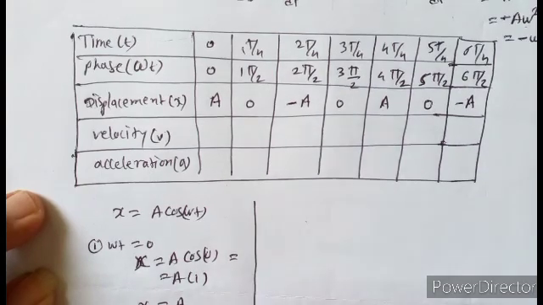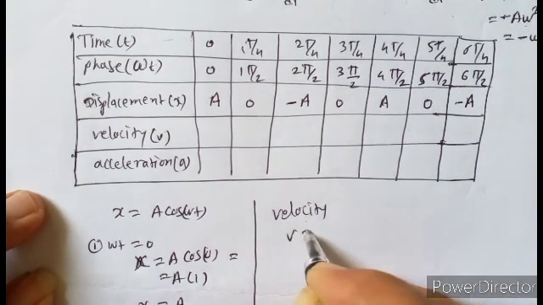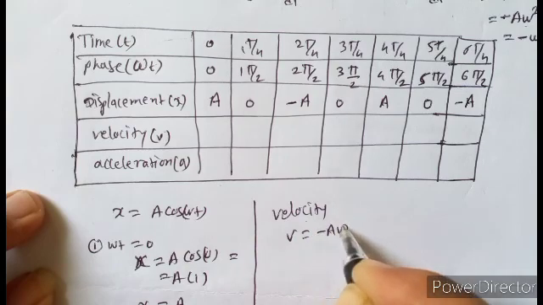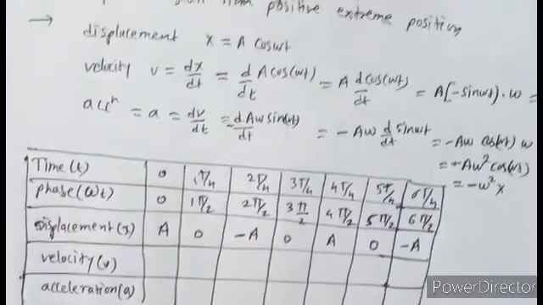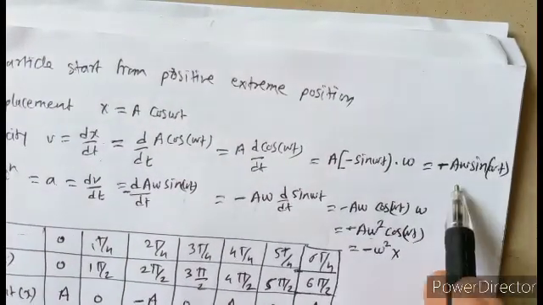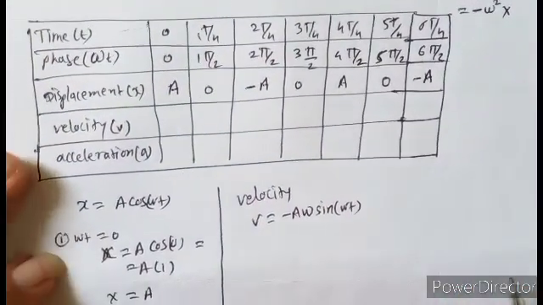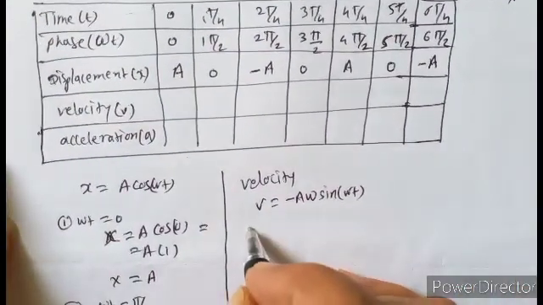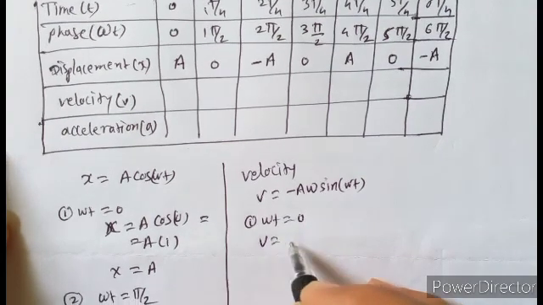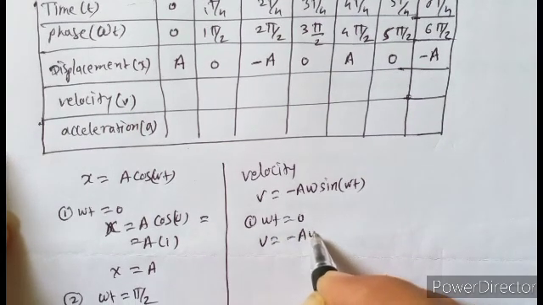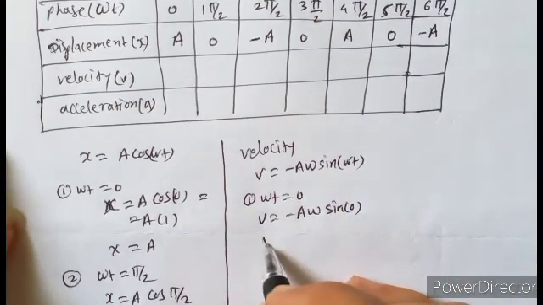Now calculate the value of velocity. Velocity v is equal to minus a omega sine omega t, that we have just calculated above. For different values of omega t, first omega t is equal to 0, velocity is equal to minus a omega sine 0, and sine 0 is always 0.